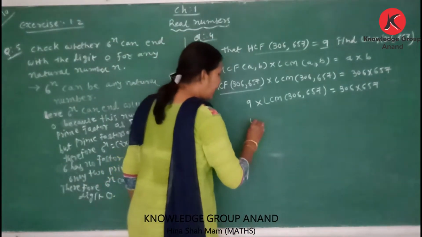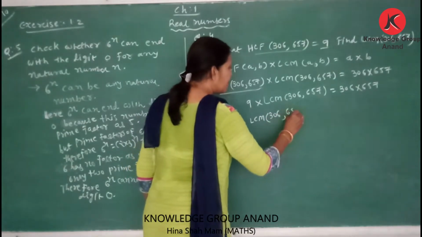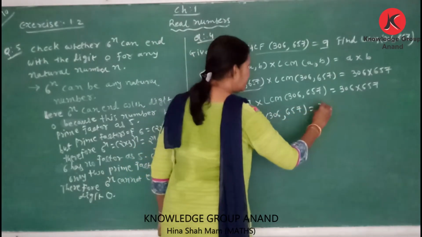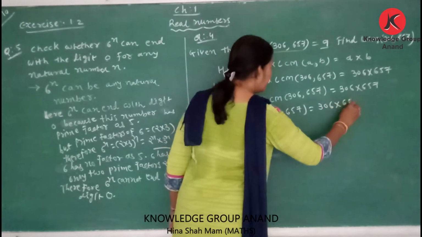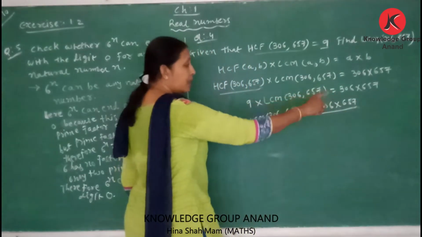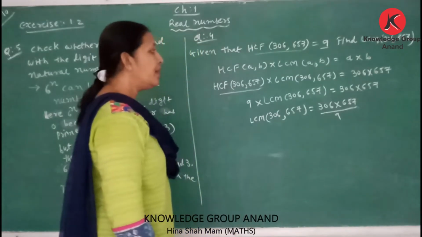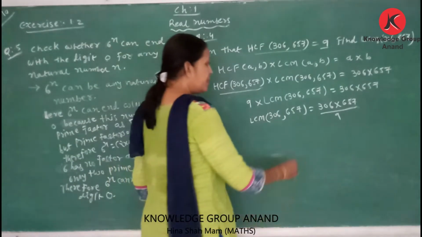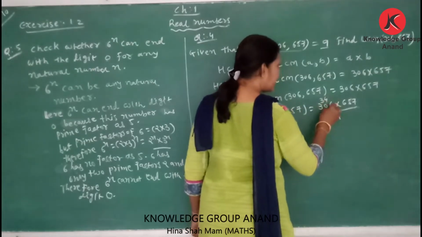LCM of 306 and 657 is 306 into 657 divided by 9. 9 threes are 27, 9 fours are 36.